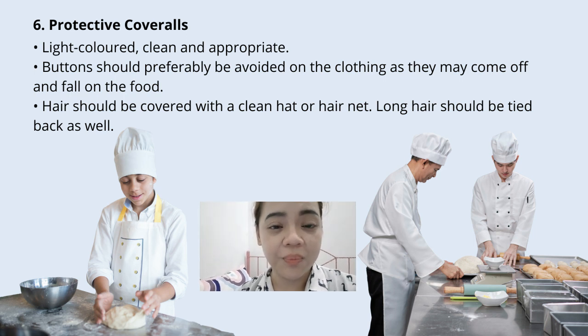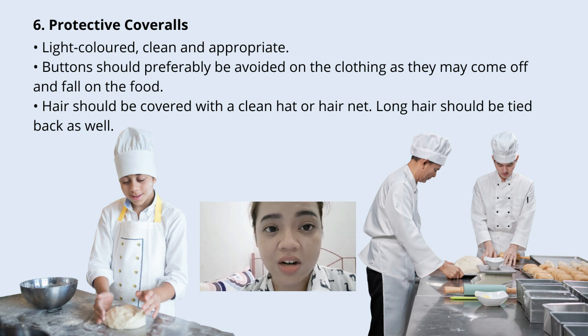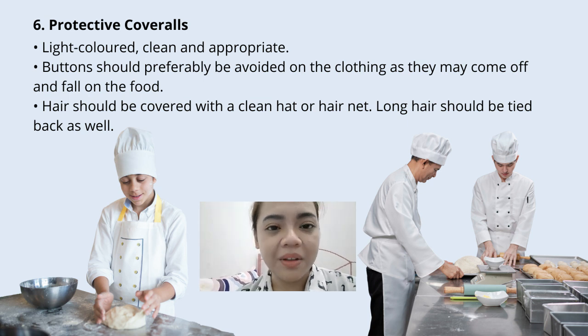6. Protective overall. 1. Light colored, clean and appropriate. 2. Buttons should preferably be avoided on the clothing as they may come off and fall into the food. 3. Hair should be covered with a clean head cover or hairnet. Long hair should be tied back as well. 4. Should wear disposable gloves when handling ready-to-eat food.